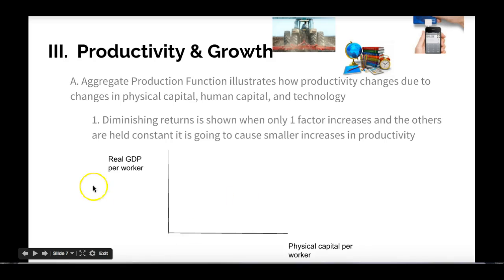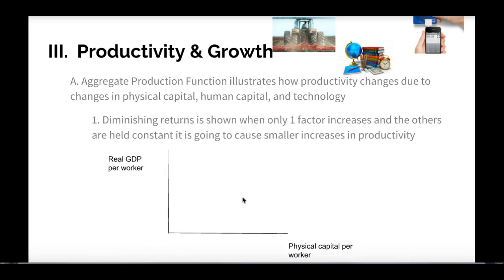So to draw this, first of all, our axes are labeled real GDP per worker. So this is basically real GDP per capita. And then physical capital per worker. So, how much stuff, like for example, scissors do they have? So as you increase the amount of physical capital, so the amount of scissors that I'm giving them, you would expect that their productivity and their real GDP would increase.